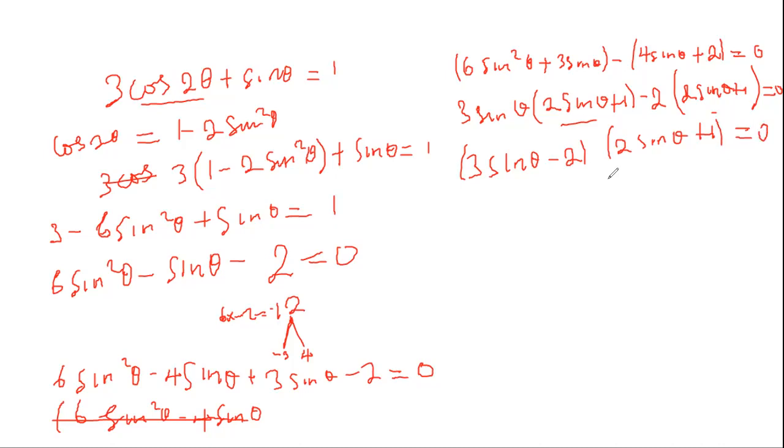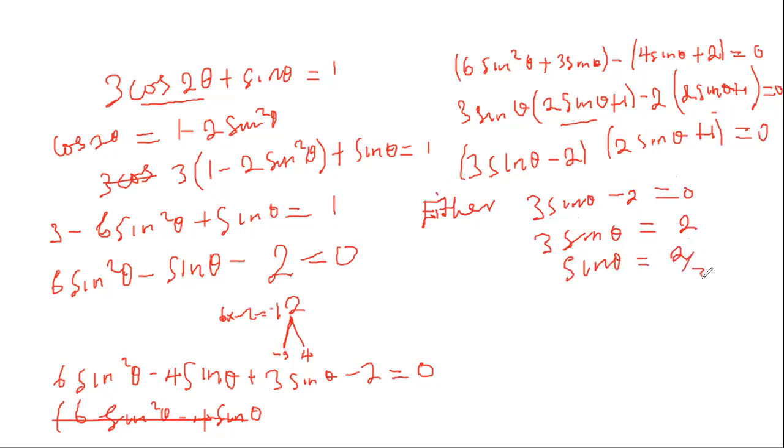So when we do that, we say either 3 sine theta minus 2 is equal to 0. Sine theta is equal to 2 over 3.